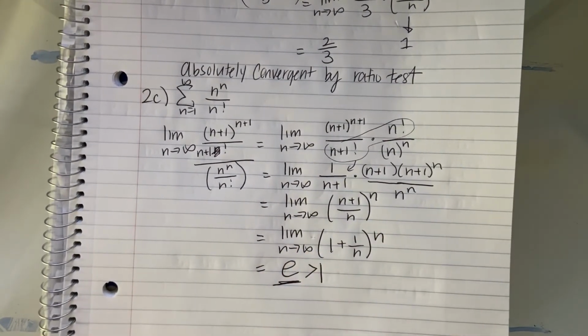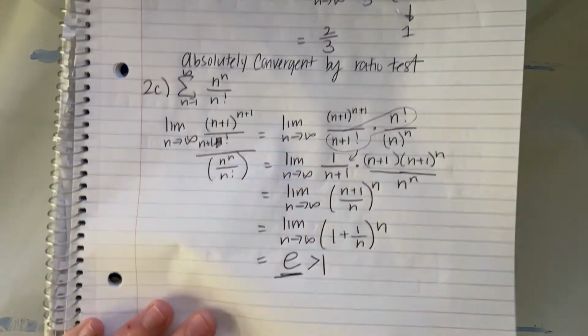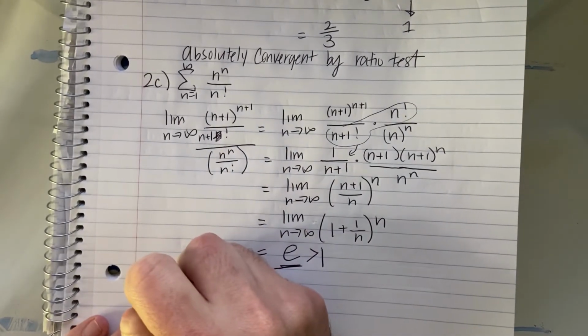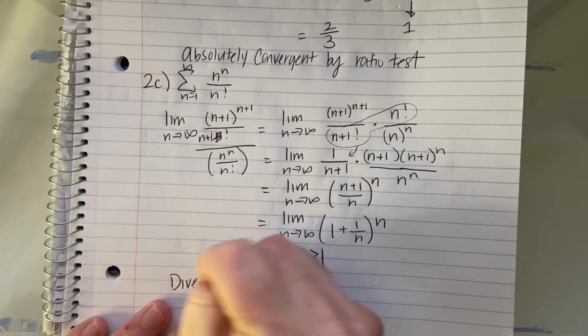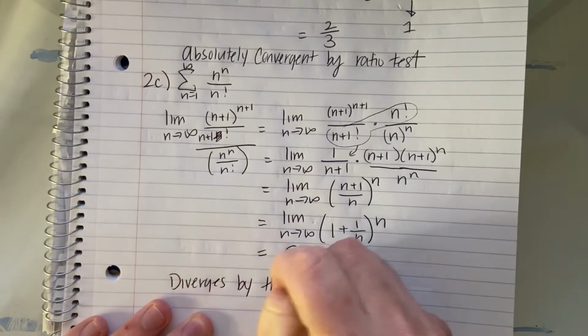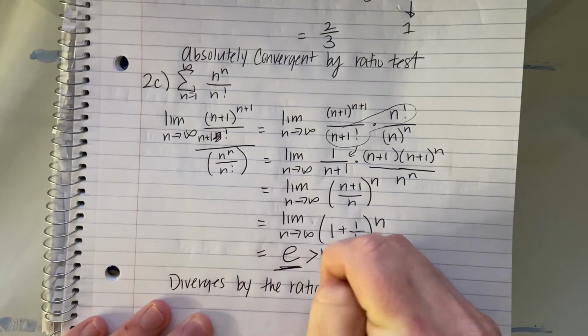So what does that mean? This means this diverges by the ratio test. Now, can we talk about why that is?